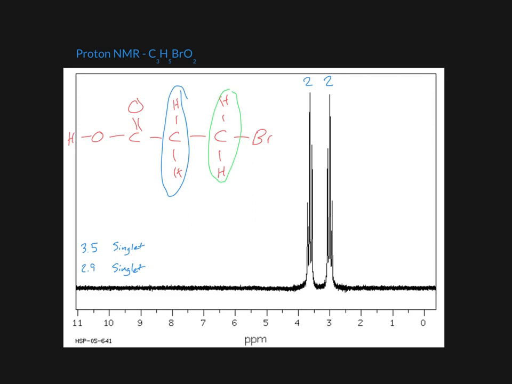So we know that this goes to this peak right here. And that leaves us with the last one going to the peak on the right. So with this, we do know that we have the correct structure. We've included all of our other findings from mass spec and IR, and we have satisfied proton NMR with this structure.